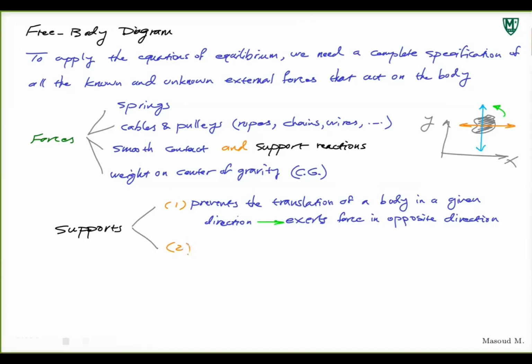Now, the second type is the type of support that prevents the rotation of a body in a given direction. Rotation can be clockwise or counterclockwise. So it prevents the rotation of a body in a given direction.